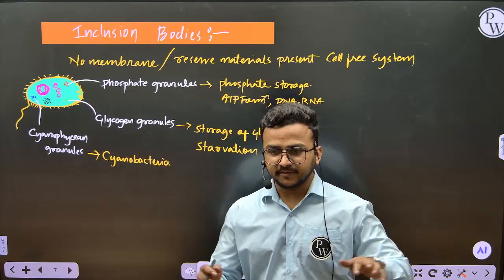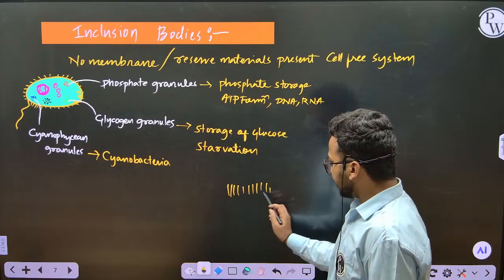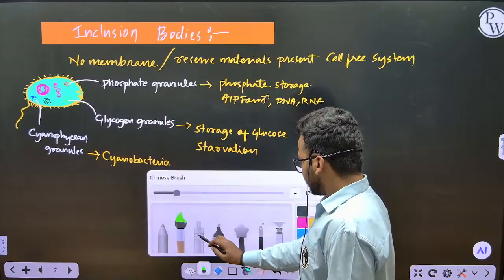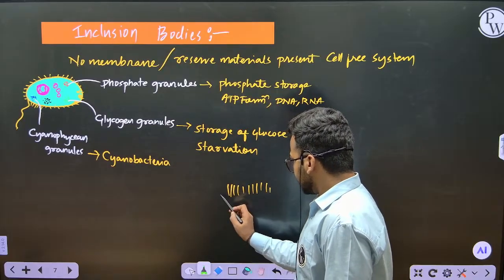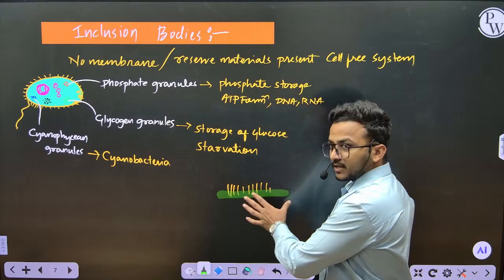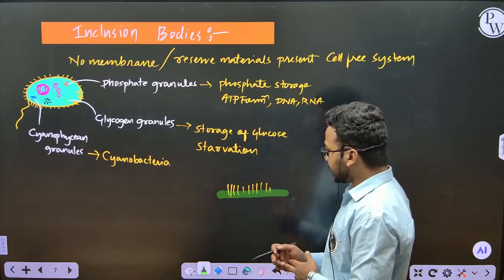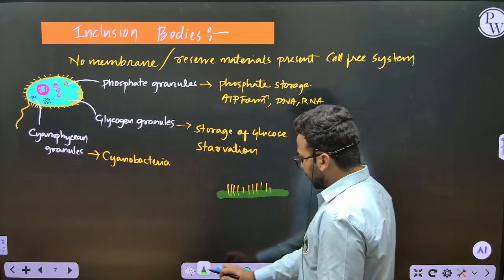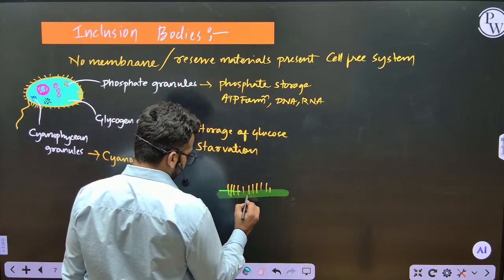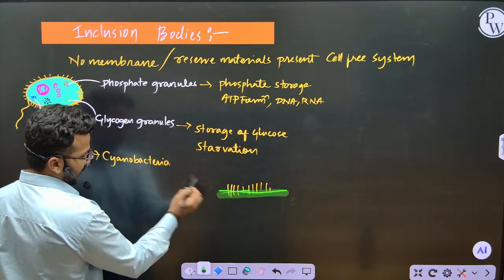If farmers are growing rice, the stagnant water will remain in the field area. Upon this water you will see a green layer. That green layer is the blue-green algae, the same cyanobacteria.